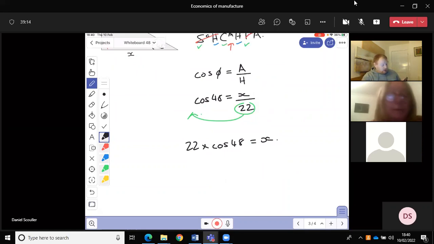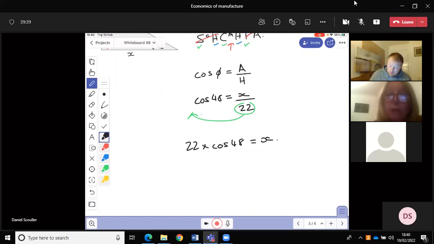So just going through that then, you can put in 22 multiplied by press cos. Some give a wee bracket, some don't. It shouldn't matter. Type in 48 and then equals, and you should get 14.7.